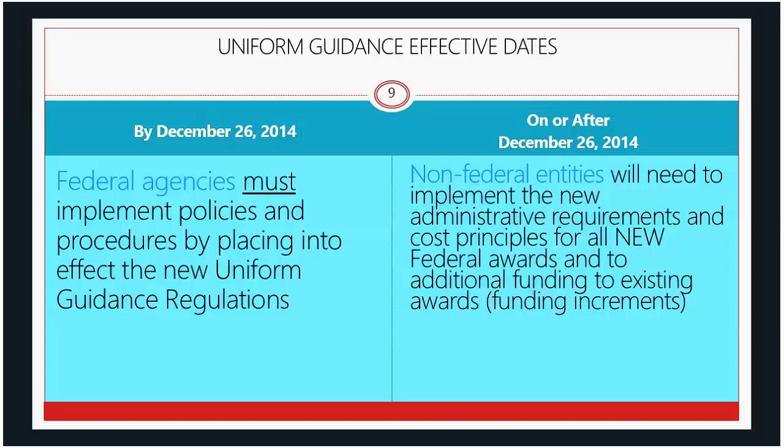So if you have a grant agreement that was dated November 1st, 2014, your compliance would fall under the old OMB rules. And for those that have grant agreements, let's just say dated January 1st, 2015, you would fall under the new uniform guidance rules.